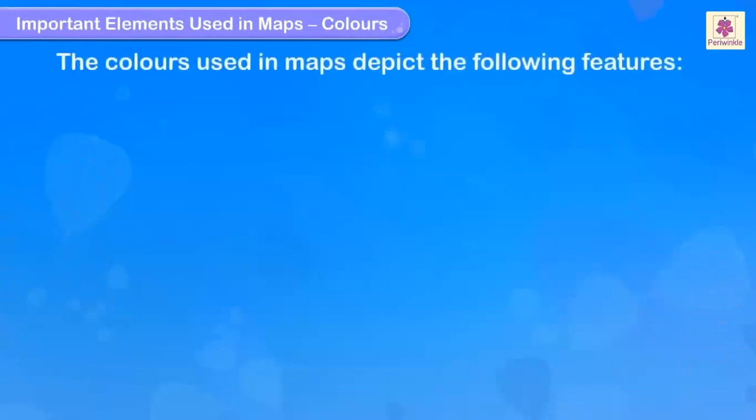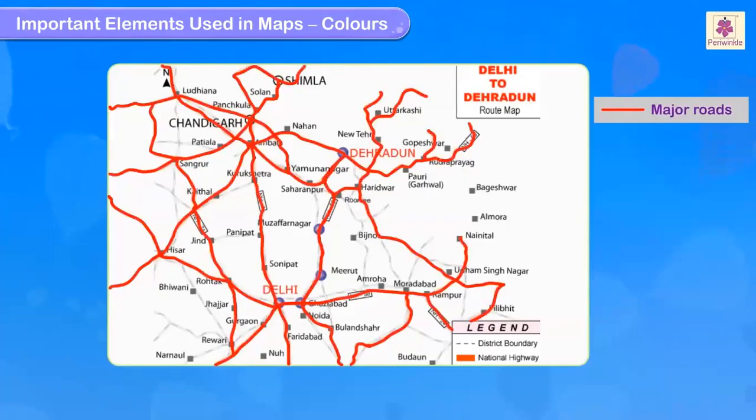Colors. The colors used in maps depict the following features. Red, major roads.